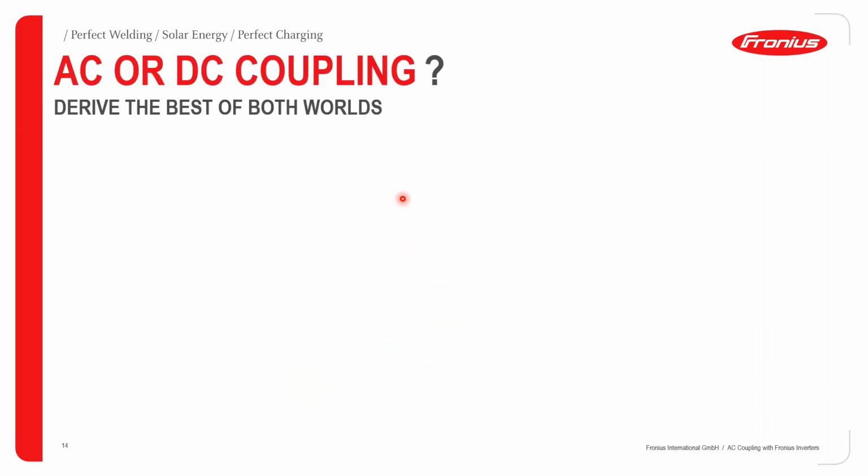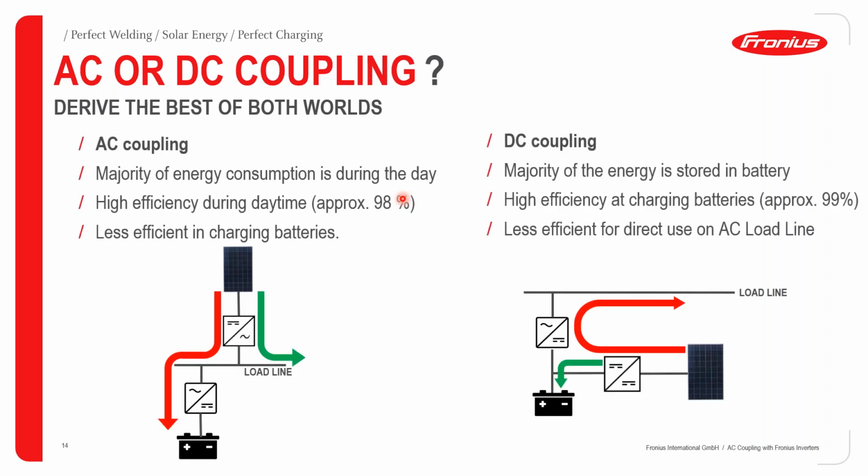If there is surplus at the same time, the surplus flows through the AC bus and is used for charging the batteries. So the question then is, between AC or DC coupling, which is best? Here you can try to derive the best of both worlds. With AC coupling, you are generating PV power and it goes directly to the loads.